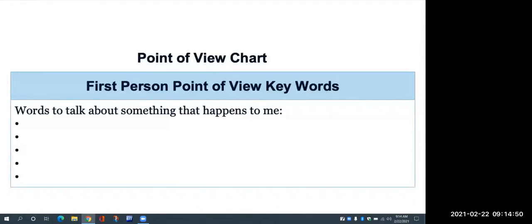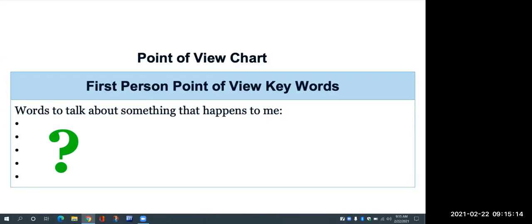As we get ready to practice your narrative out loud and to get ready to write that narrative down, it's important to remember that there are key words that you can use in your narrative to signal to your readers that you are writing in first-person point of view. I have 5 bullets here on the screen.